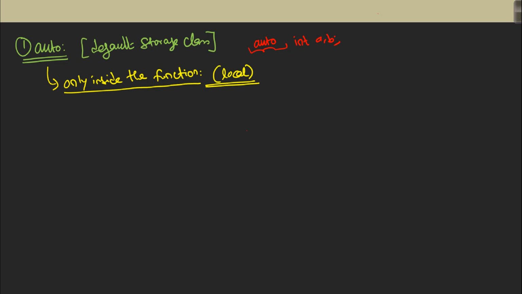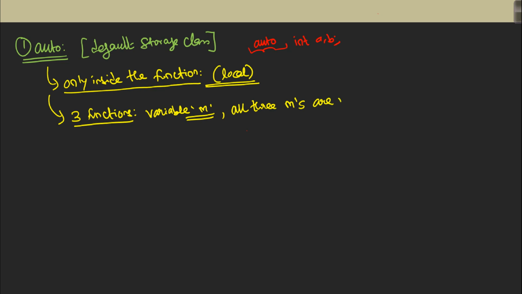The second point: suppose you have three functions, and every function has a variable m present in all three functions, then all three m's are independent of one another.